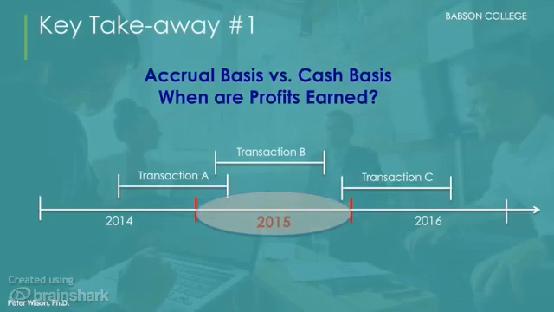And so we create criteria that are a little more qualitative, like when is the earnings process complete, and when have the expenses been used to generate revenues. So make sure you're clear on the difference between accrual basis and cash basis.